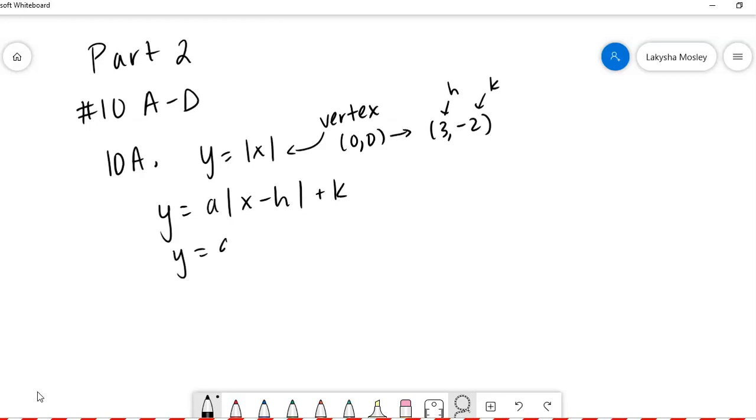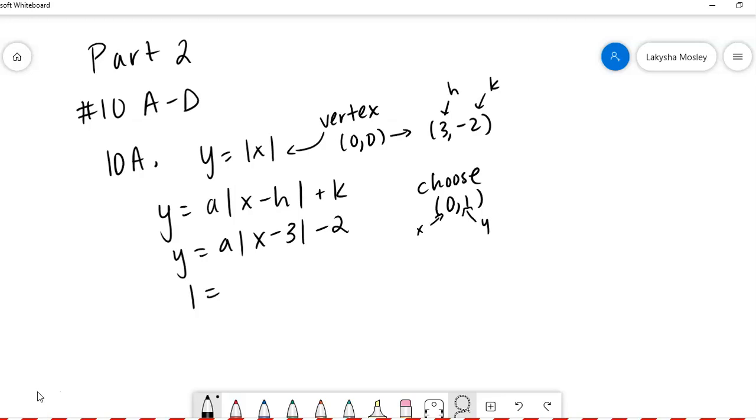So we have y is equal to a times the absolute value of x minus 3, since we went to the right, and then minus 2. I'm also going to choose a point off of the function, so I'm going to choose 0, 1. There's my x value, this is my y value.